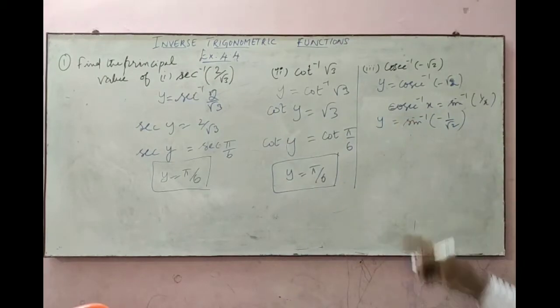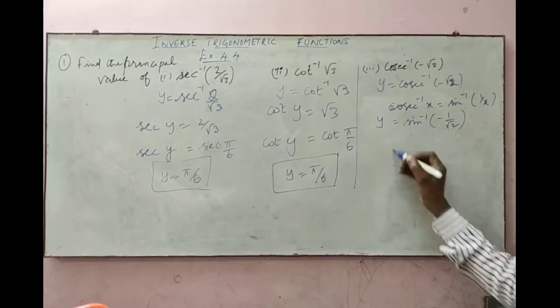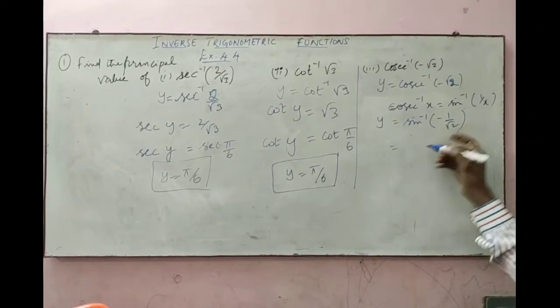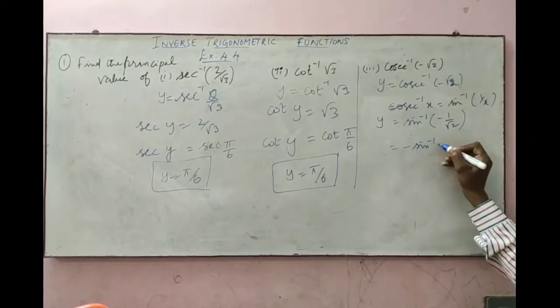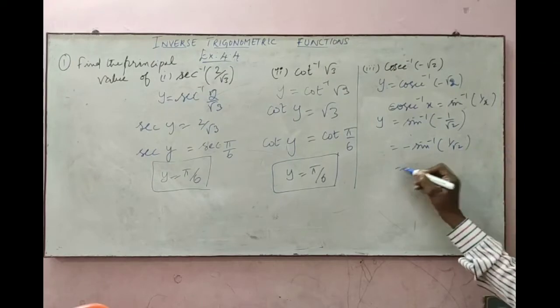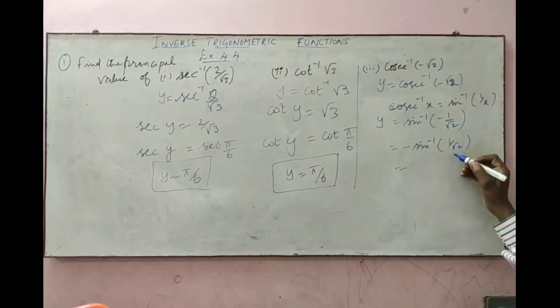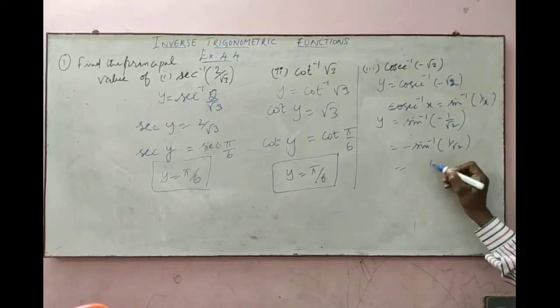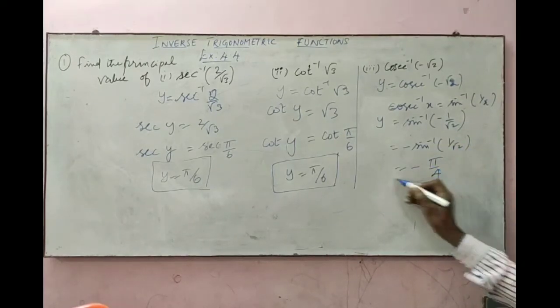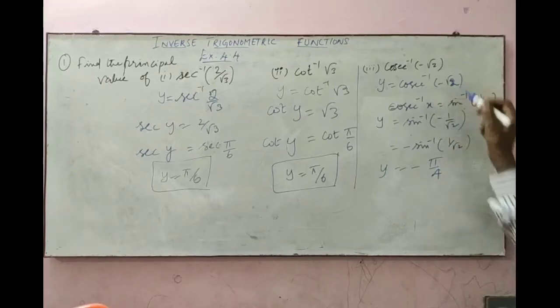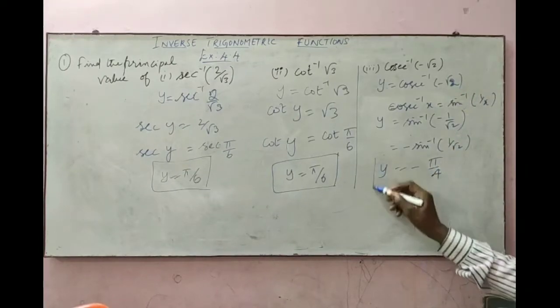So now the question is y is equal to sine inverse of minus 1 by root 2. Sine inverse of minus x is minus sine inverse of x. That is minus sine inverse of 1 by root 2. Sine inverse of 1 by root 2 is pi by 4. So minus pi by 4. So that is the value of cosecant inverse of minus root 2.